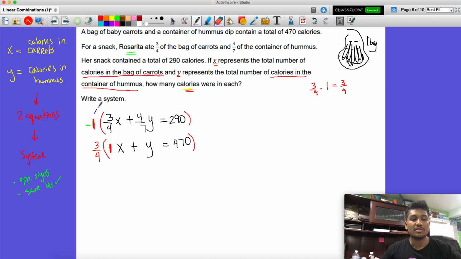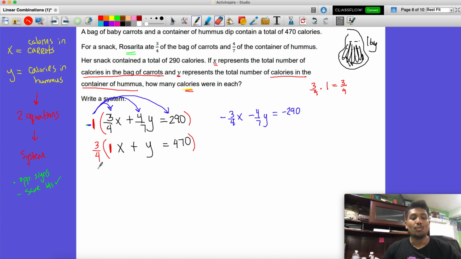Make it easier. So when I multiply this, this becomes negative 3 over 4x, then negative 1 times 4/7 is negative 4 over 7 y, right? Multiplying by a -1 just changes the sign. So -1 times 290 is negative 290.